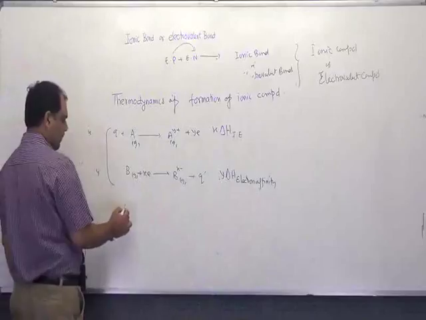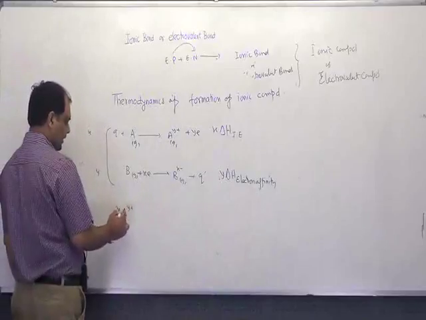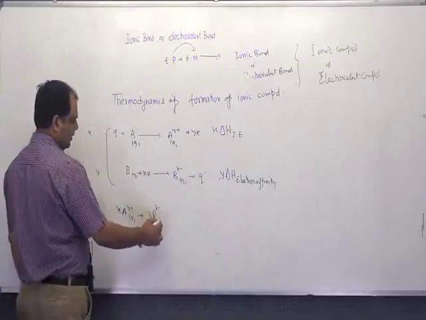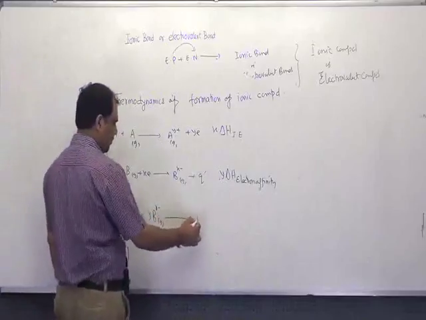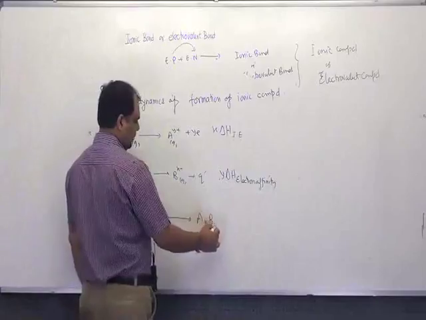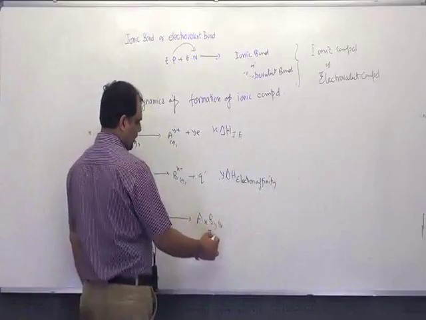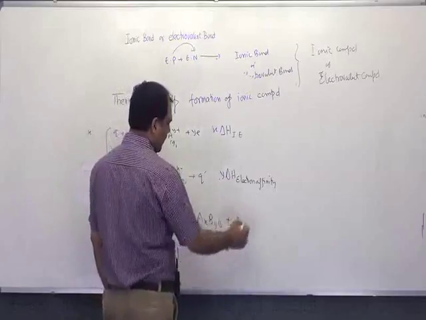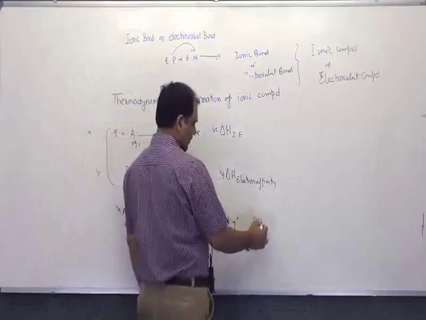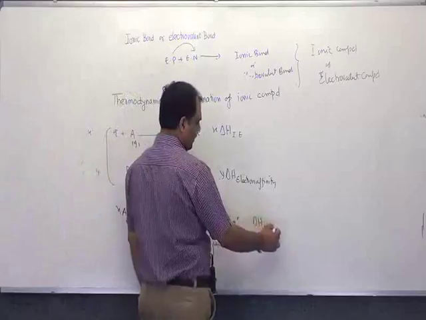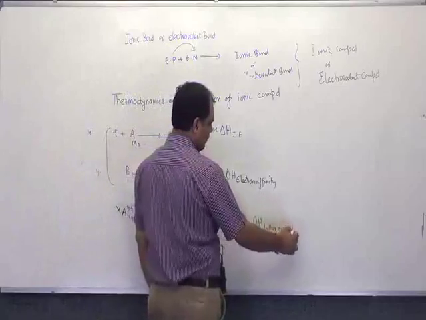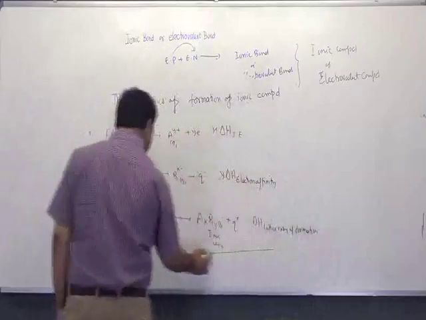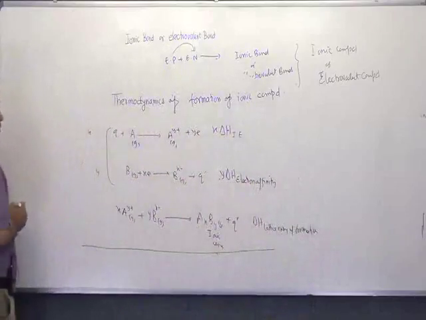Now just see it: A^y+ (x times) plus B^x- (y times) in gas phase combine to give the compound AxBy, a solid ionic compound. Obviously heat will be released, Q double dash, and we call this heat delta H, lattice energy of formation.